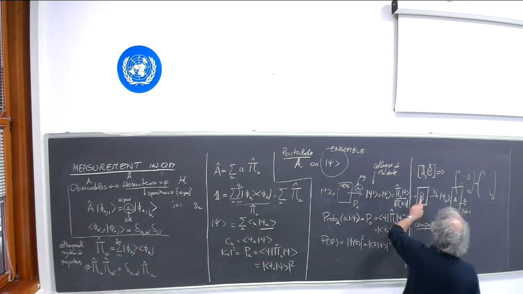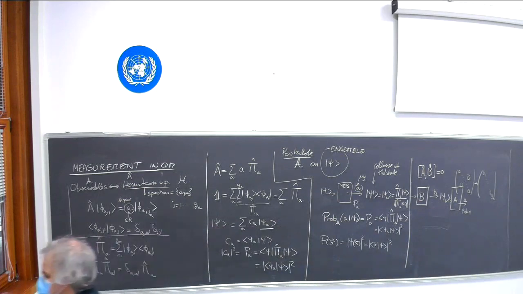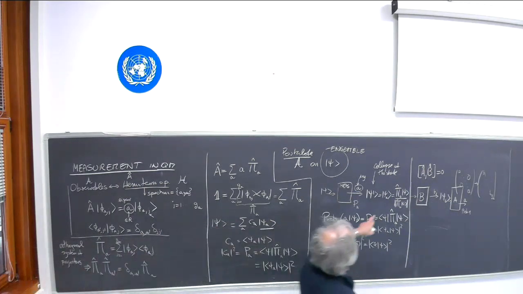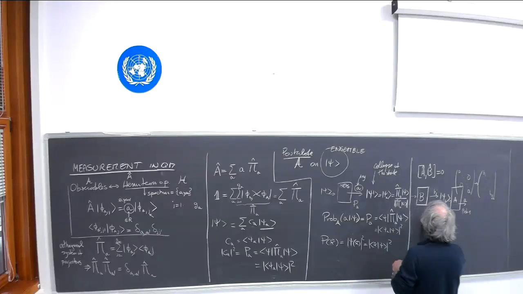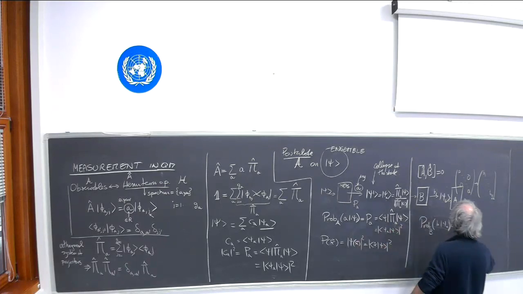So I do have now a state, here the state is psi A. So the probability of measuring some of its eigenvalue B on the state psi A is equal to this formula: psi A times the projector on the eigenvalue B, times psi A.